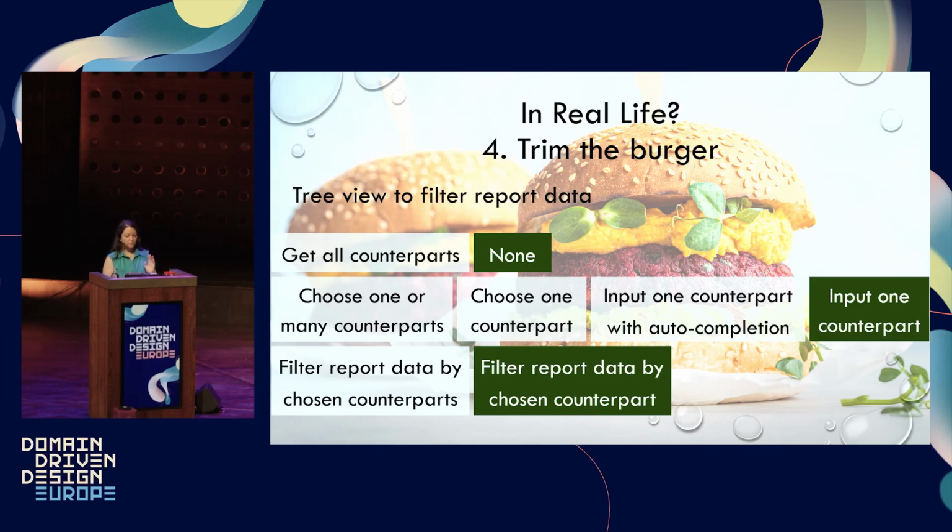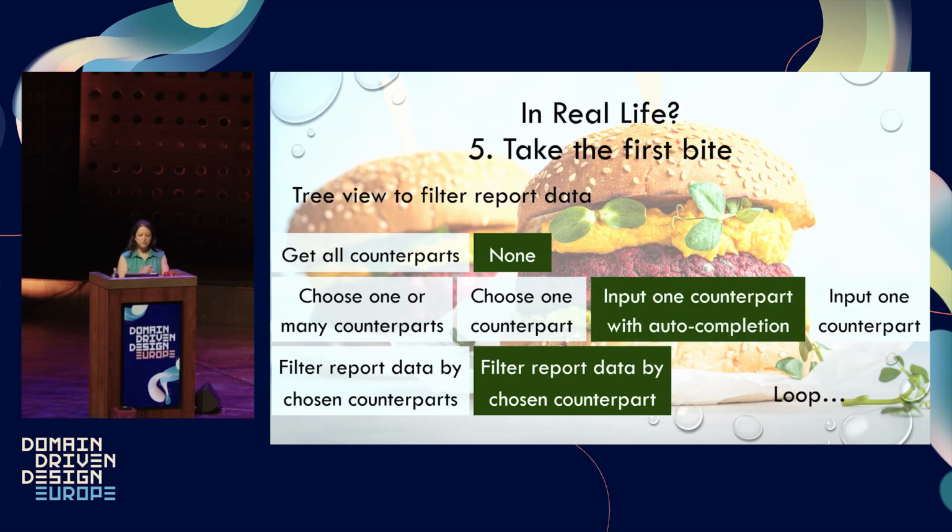In this example, we can choose to input the counterpart and filter data using it. Or we can say, OK, to have a better quality, or the minimum quality we need, is to input the counterpart with an auto-completion.